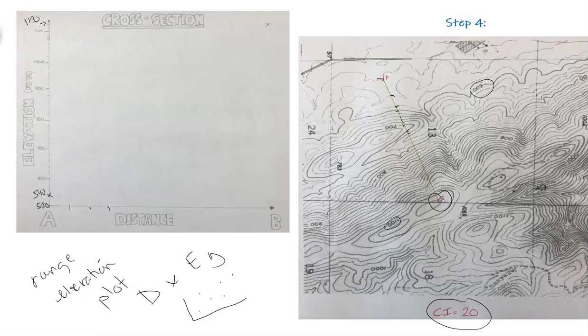Obviously you can see right here, this part of the graph going this way is a very, very steep gradient. So your profile has to reflect that. Whereas this part of the graph is not as steep, so it's more gentle. So you're going from 700 up to 1100 very, very quickly in the second part of the graph.